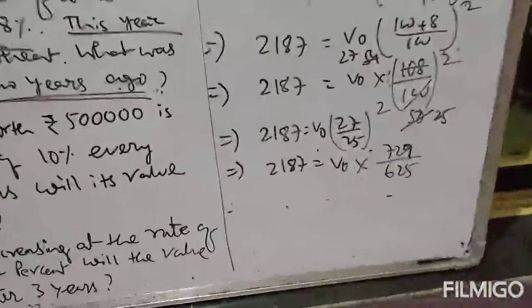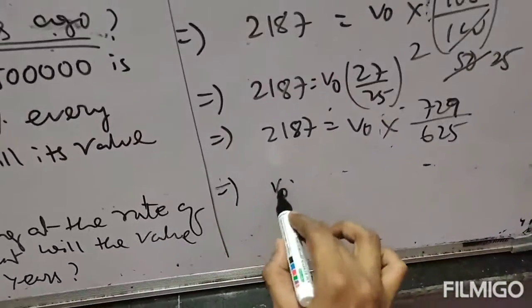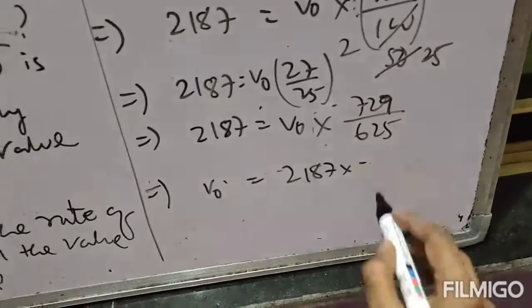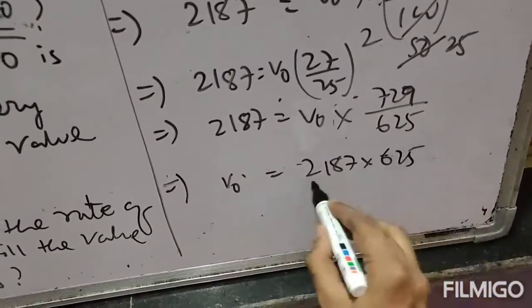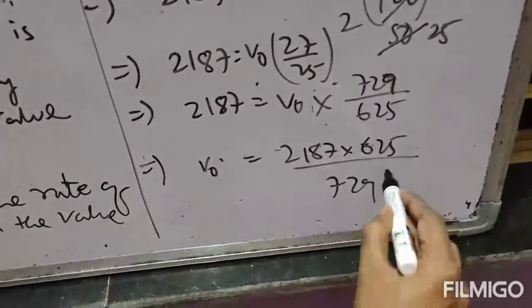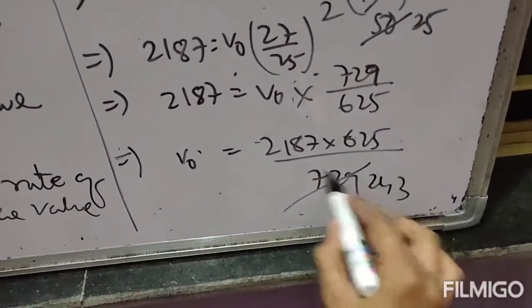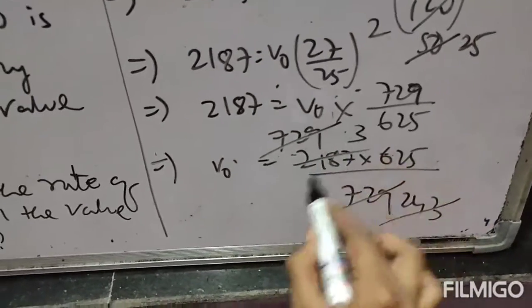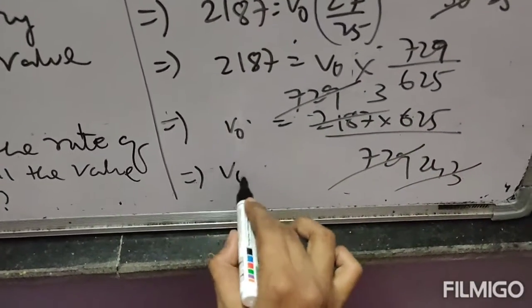So the value of V0 will be 2187 into 625 by 729. Now reduce it by 3, that is 243. Reduce it by 3, that is 729. Reduce directly with 3, that is 3 into 625.